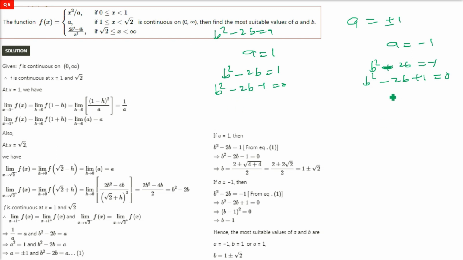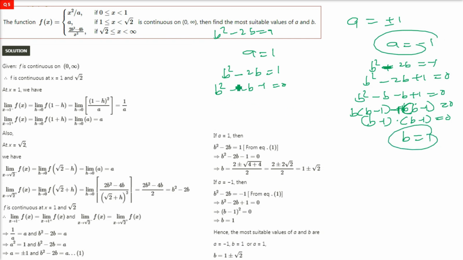We can use the Sridharacharya formula anytime, but b square minus 2b plus 1 can be easily solved. b square minus b minus b plus 1. You can take b common, b minus 1, and minus 1 common, b minus 1. So you have b minus 1 into b minus 1. That is b equals 1. b equals 1 is your one result.